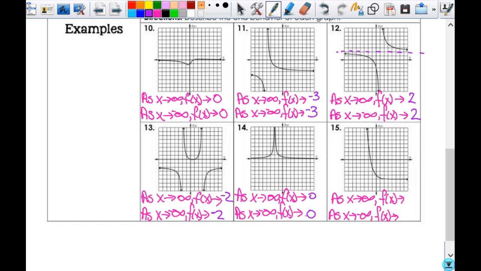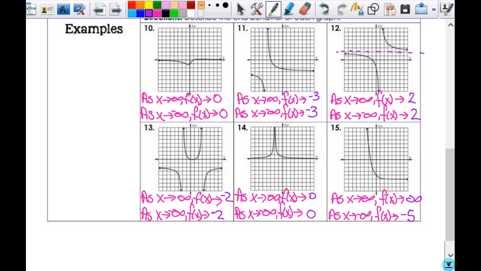All right, Davian, can you help me with 15? Infinity? Okay. Okay. So, y'all agree with that? Yes or no? Okay. Who says no and wants to give me a reason why? All right, Sebastian, help me.